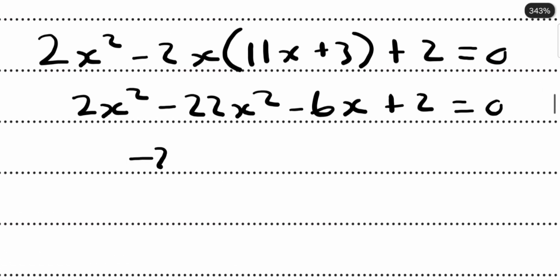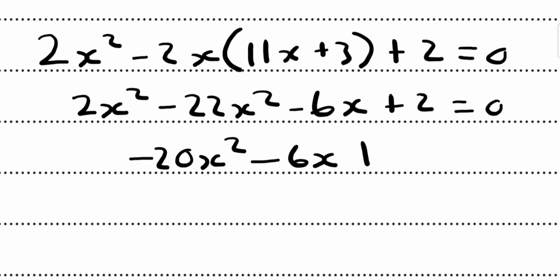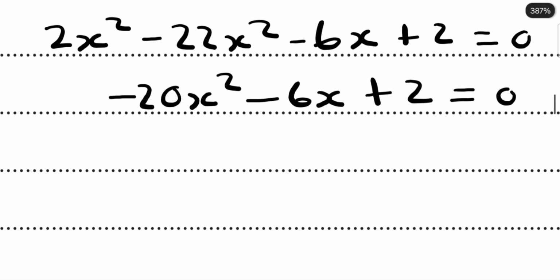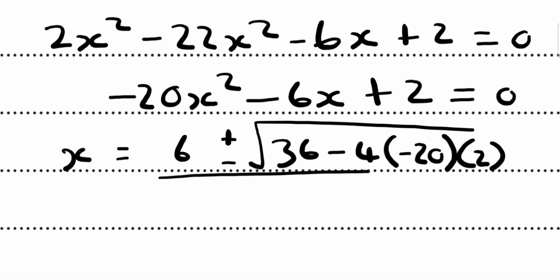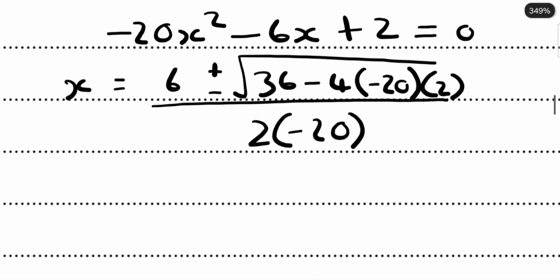So this will give us minus 20x squared minus 6x plus 2 equals 0. And for us to get the x values, we're going to use the quadratic formula. And that will be 6 plus or minus root of 6 squared, which is 36, minus 4, our a minus 20, and our c, which is 2, all over 2a, 2 times minus 20.